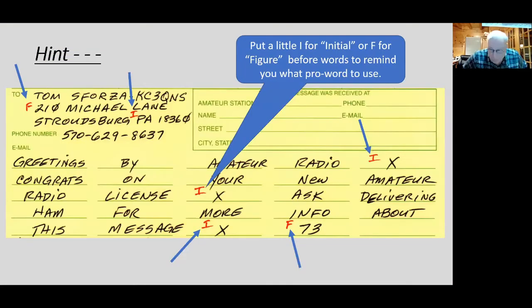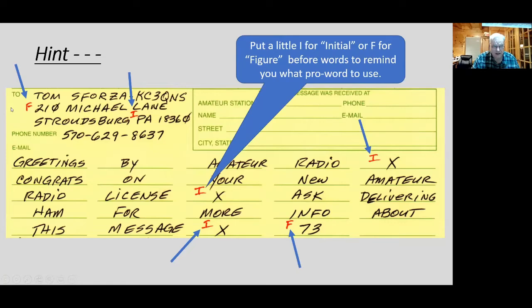Okay, when I fill out a radiogram, when I was first learning how to do it, I would fill a thing out and then I would put right over here a little F, and that stands for figures.